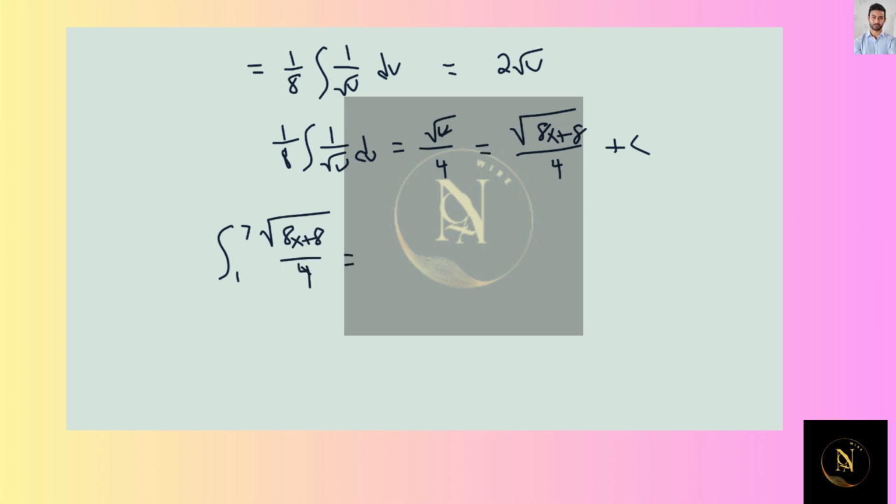And so, if we do 7, that would be 56 plus 8, which is 64. The square root of 64 is 8. And then if we plug in 1, we get 8 plus 8 is 16. The square root of 16 is 4. 8 minus 4 is 4 over 4 is 1.